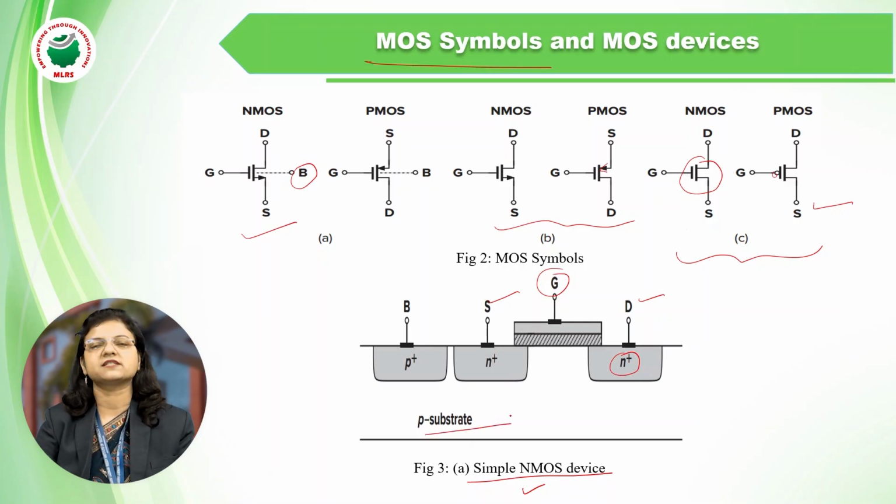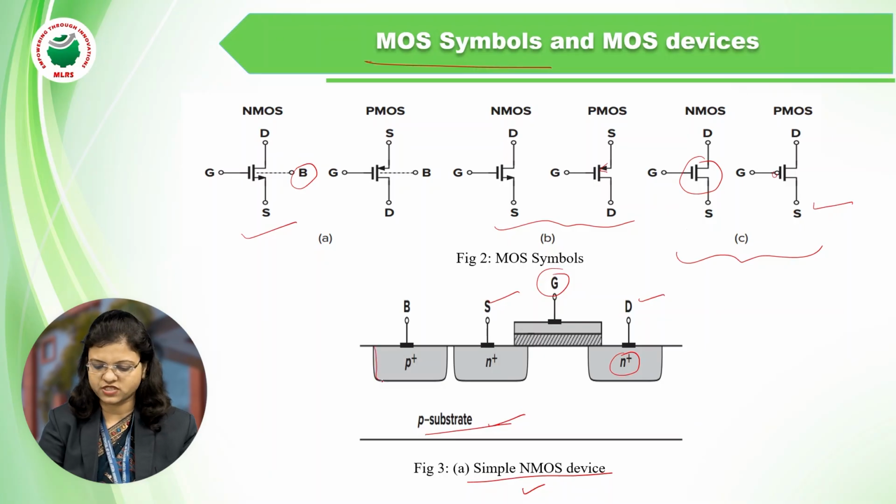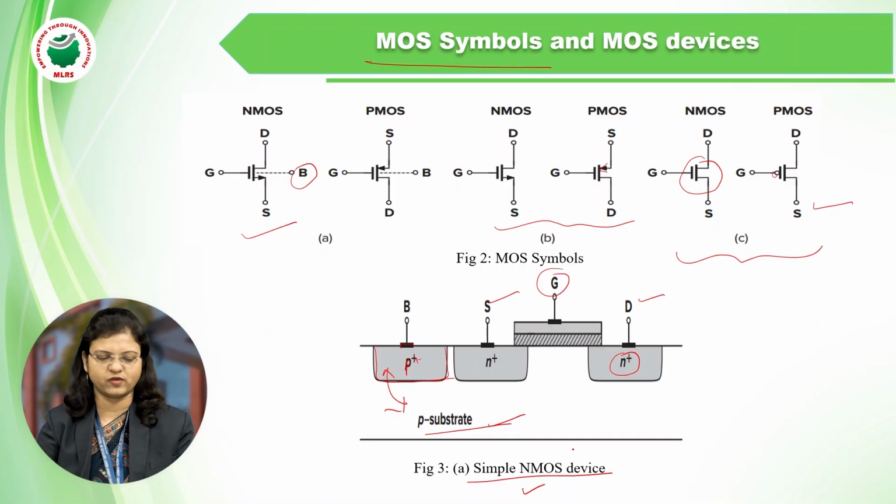For NMOS, the drain and source will be N-type regions, and the substrate will be the opposite, P-type. The P substrate is lightly doped, and there is another diffusion of P plus, which is the body terminal, to have a good contact between the substrate and this terminal. So this is the simple NMOS device.